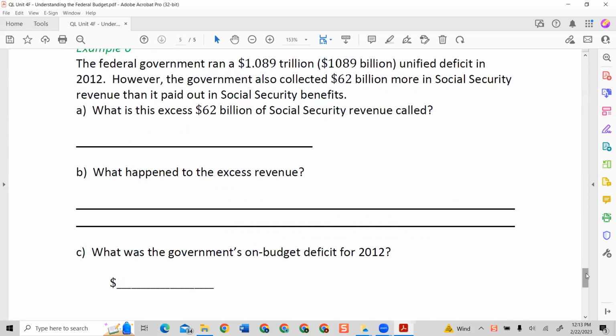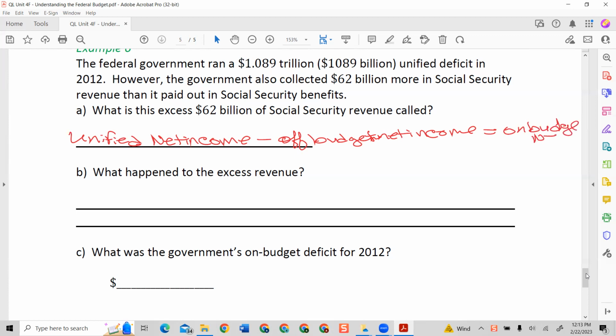So we're going to take the unified net income, and I'm going to subtract the off budget net income, and it's going to equal the on budget net income. I'm going to abbreviate net income.